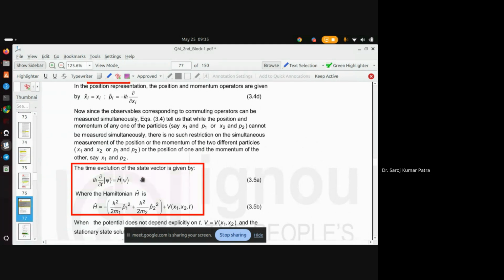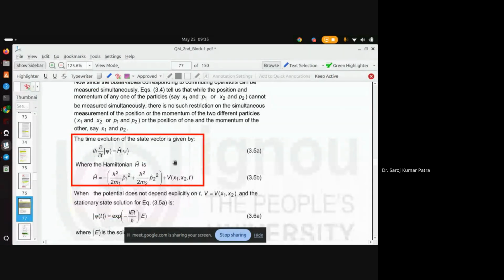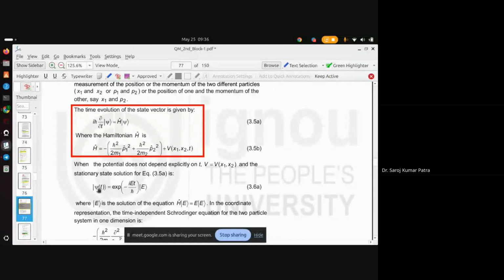And for a two-particle system, we have the kinetic energy of the first one, p1 square by 2m1, plus p2 square by 2m2, plus the potential energy. At this point, we are not discussing the nature of the potential. And this is how the state psi(t) will evolve.